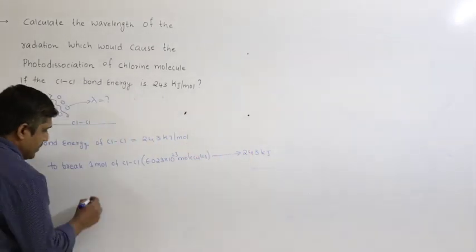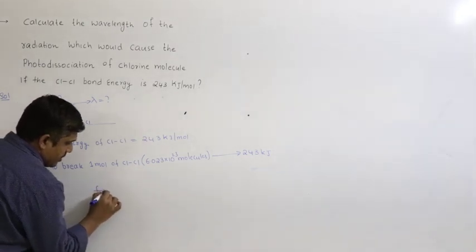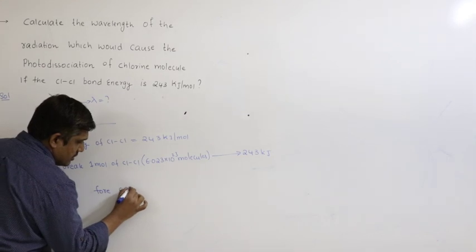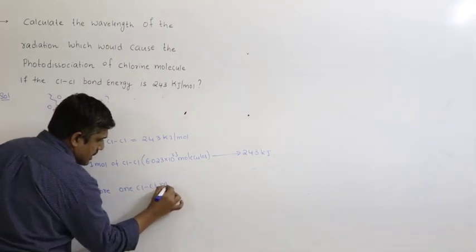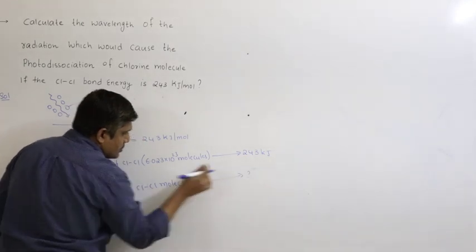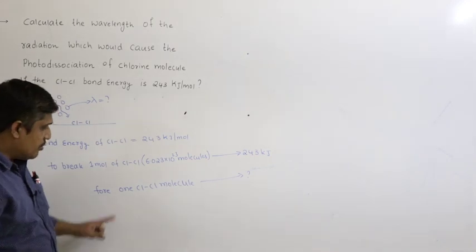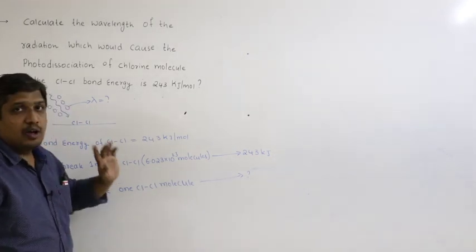But we require energy to break 1 Cl molecule. So for Avogadro number of chlorine molecules, this much amount of energy is necessary, but we require for 1 Cl molecule.